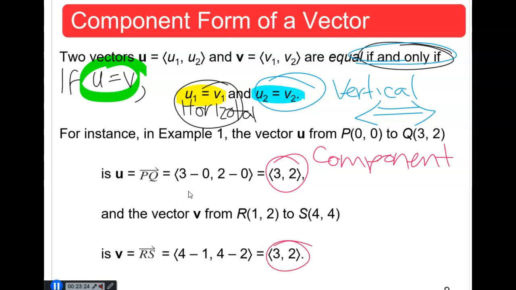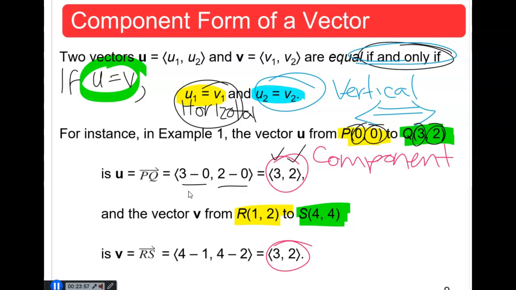It's going to be the exact same thing, even though we do not have the same initial points or the same terminal points. However, when we apply the process to turn them into component form, if we subtract 3 minus 0, we get a 3. And if we subtract 2 minus 0, we get a 2.